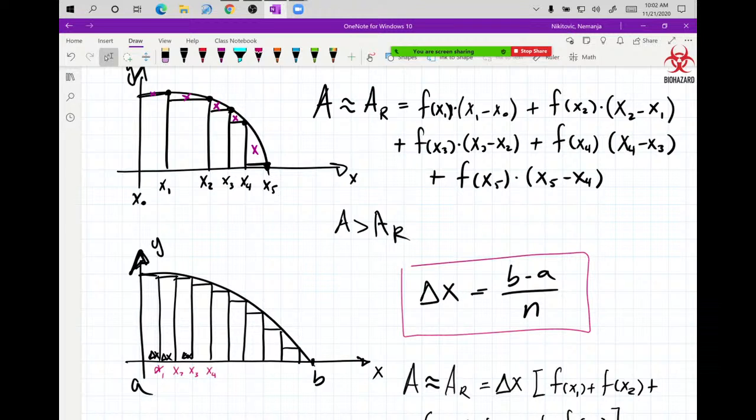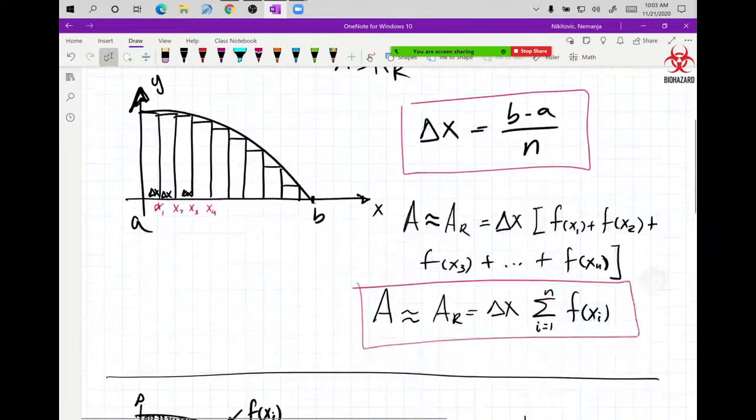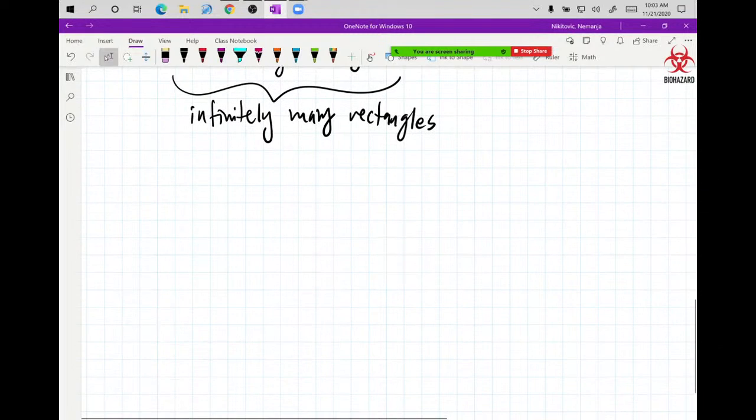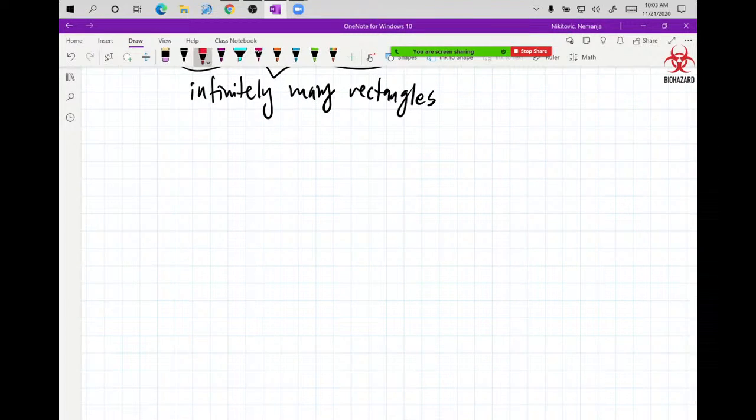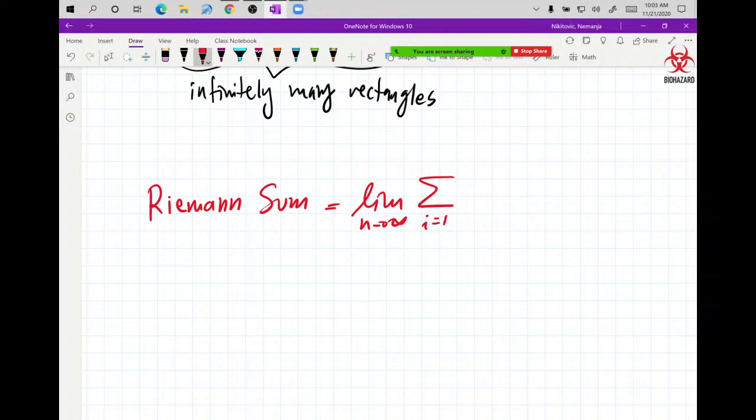Now there is a name for this. It's named after a German mathematician who came up with this stuff in the 1800s, and that mathematician is called Riemann. So this is something that is called a Riemann sum, and it's written down as a formula, and we can use it to compute area under the curve. So here it is, Riemann sum: limit as n goes to infinity of the summation, i goes from 1 to n, of f of xi times delta x.